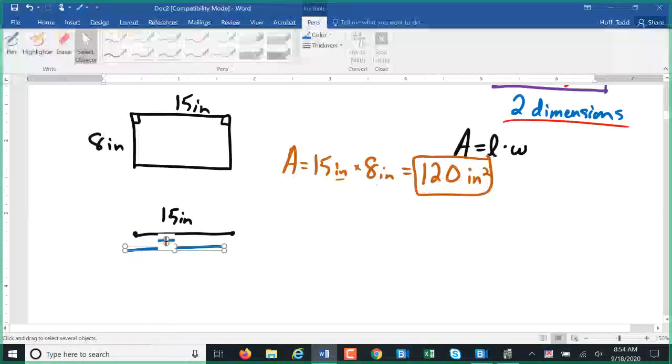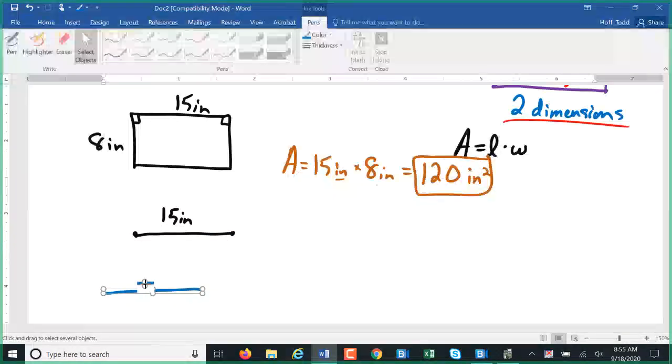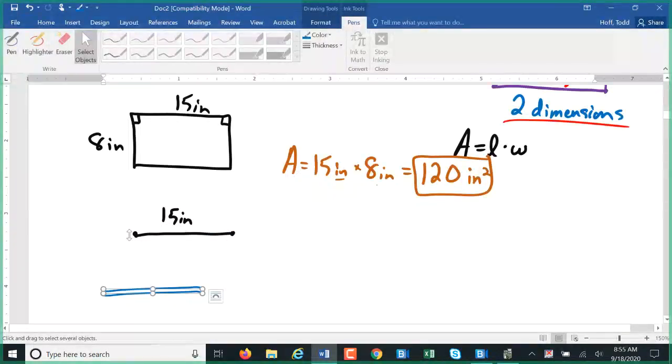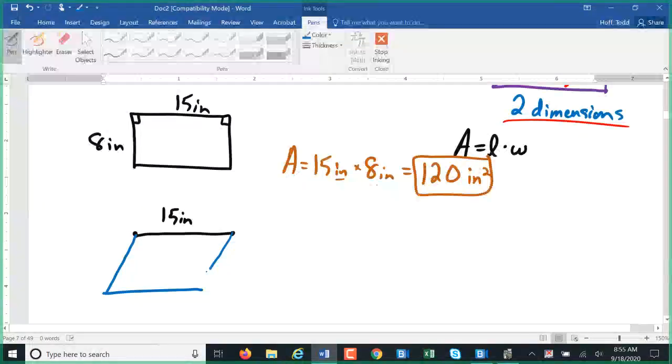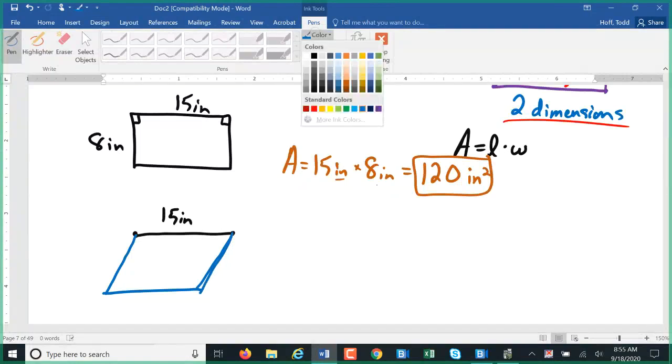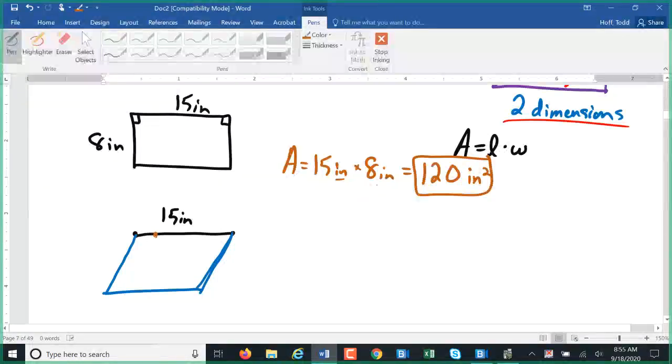Notice it's staying parallel to its original orientation, so it's not twisting or anything. Let's say I move it at an angle like this. So those corners are not perpendicular. But the distance from where I started to where I stopped is still 8 inches.